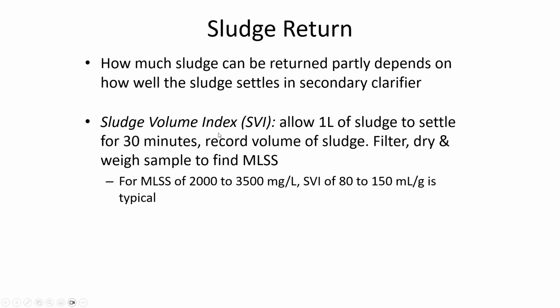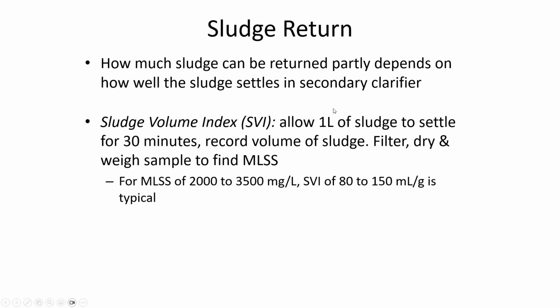It's just a lab test where you scoop a graduated cylinder into some sludge and allow it to settle for 30 minutes. Then you find out, in a 1 liter graduated cylinder, how much of it is sludge and how much of it is supernatant, or water. Basically you'd have a layer of water and a layer of sludge.